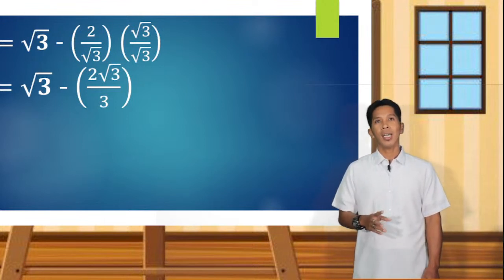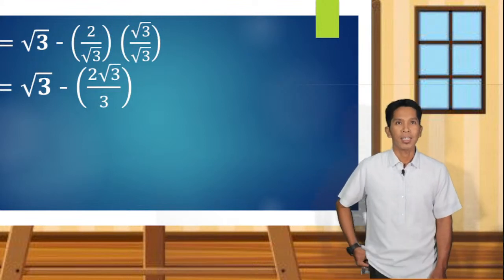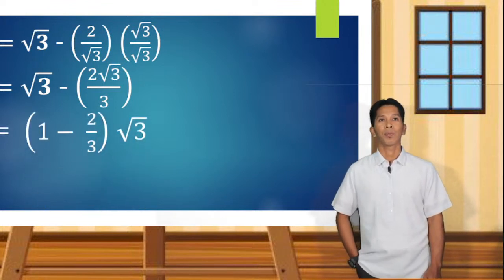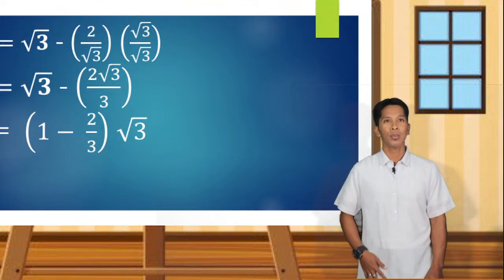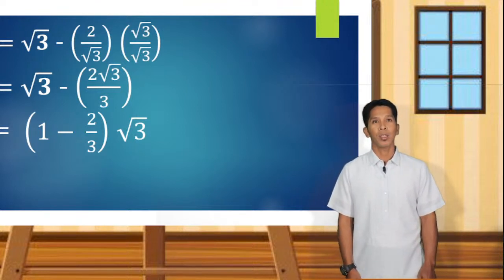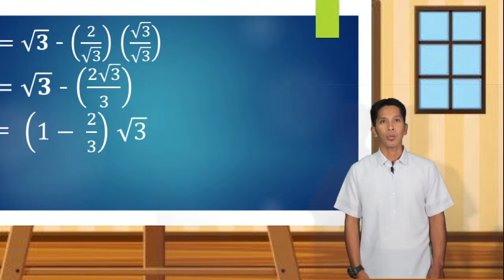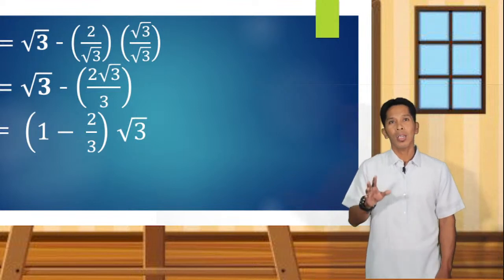Now the question, are they now similar radical expressions? Yes, you're correct again. They became similar radical expressions. So we now combine their coefficients. So the coefficient of square root of 3 is 1, and the coefficient of 2 square root of 3 over 3 is 2/3. So we have 1 minus 2/3 square root of 3. Now we are subtracting a whole number and a fraction.